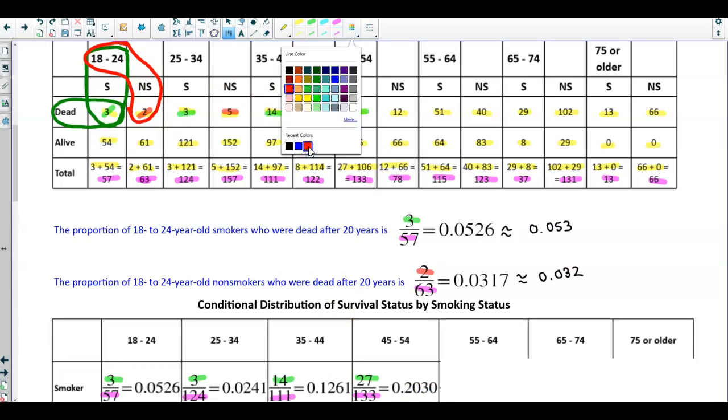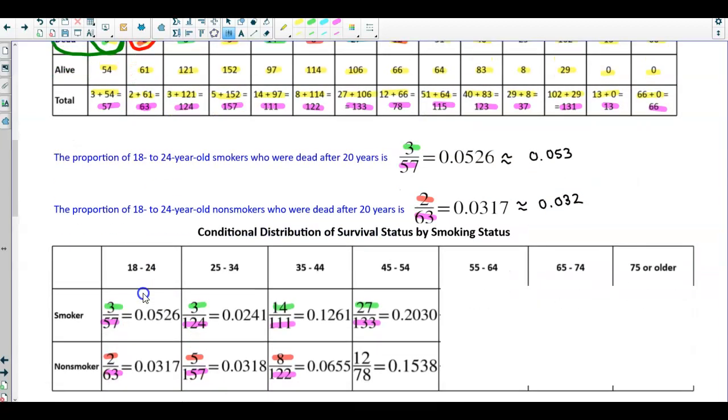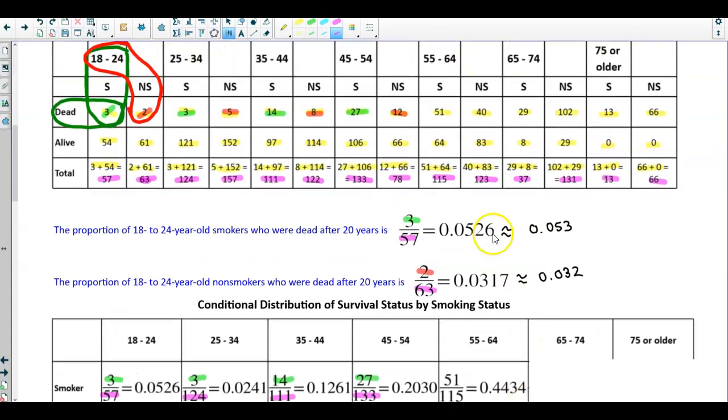And now we're going to look at the age group of 45 to 54 that are non-smokers that are dead, which is 12. So we're going to take 12 and then divide it by the total in that column, which is 78, which gives us 0.1538. Okay, let's take a look at the next age group, which is 55 to 64.